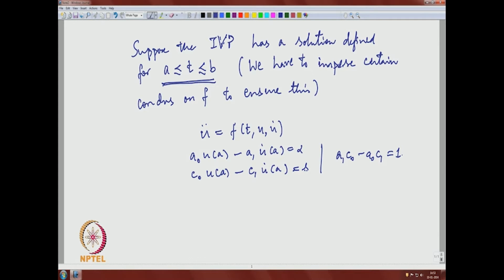So, these two conditions are linearly independent, and we have a solution which exists for the entire interval A B.